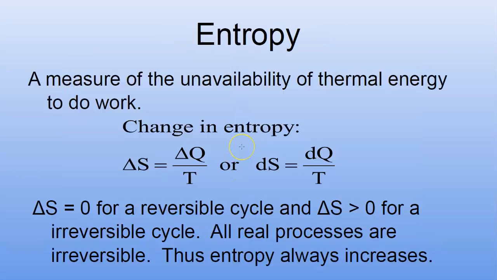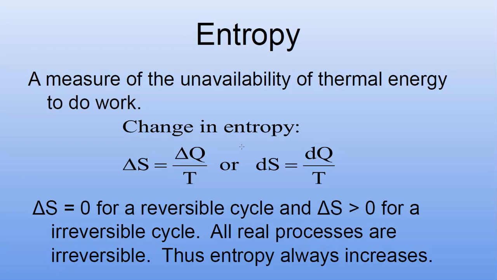Got one more term I'd like you to at least hear. This is called entropy. Entropy is a measure of the unavailability of thermal energy to do work. Remember that gasoline that we burned in our car? That made a lot of thermal energy. About 25% of it turned into work. The other 75% will no longer do work, and I can never burn the gasoline again.